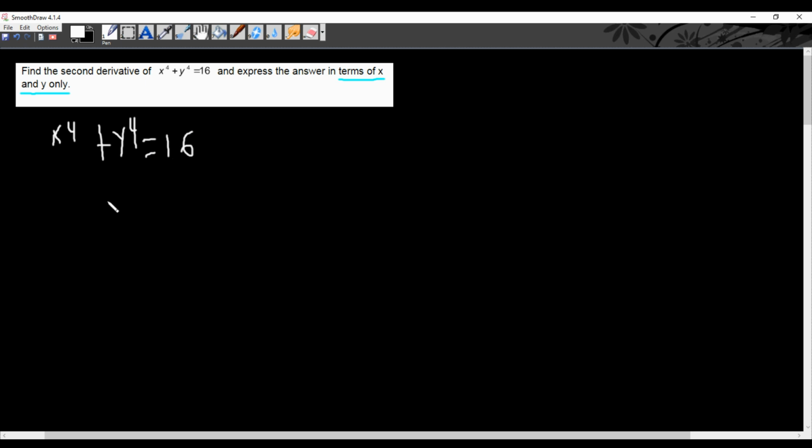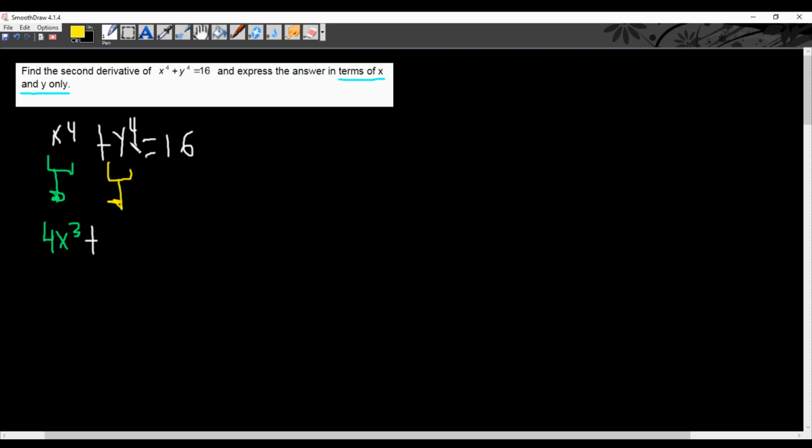So here we must do implicit differentiation by taking the derivative of x to the fourth, which is going to be 4x cubed. Then plus, now I'm going to get y to the fourth, which is going to be the chain rule.